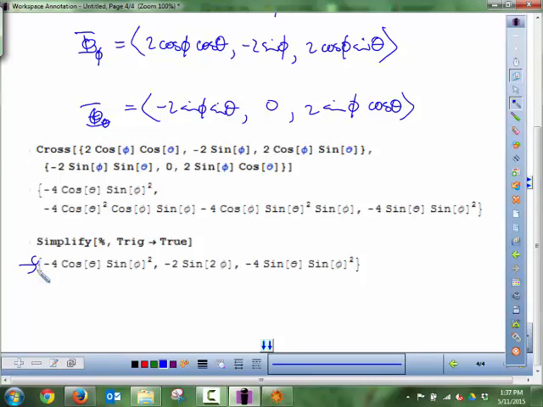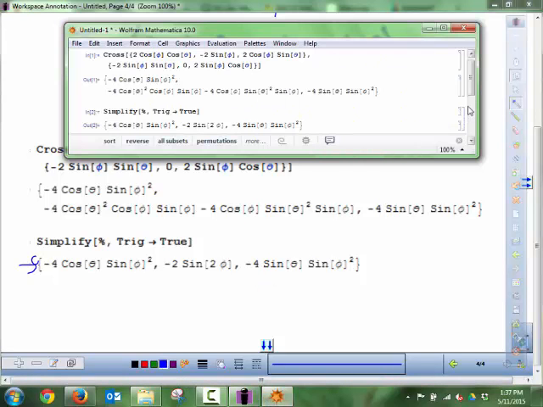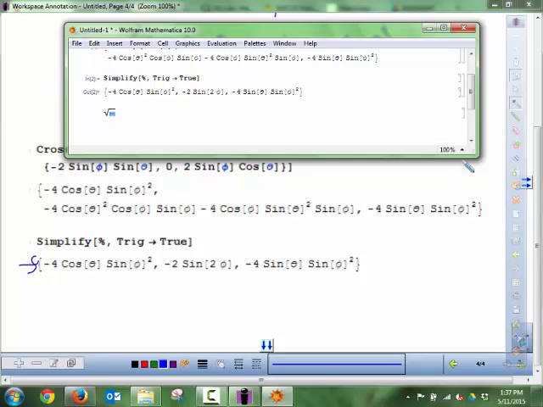And now we want to take the magnitude of that. Should have kept this. The way I do magnitude here is, I don't think they have a function called magnitude, but I can just take the dot product and take the square root, because that's the same thing as magnitude. So that's what I'll do. Square root of the dot product of the last two outputs, which is equal to this.